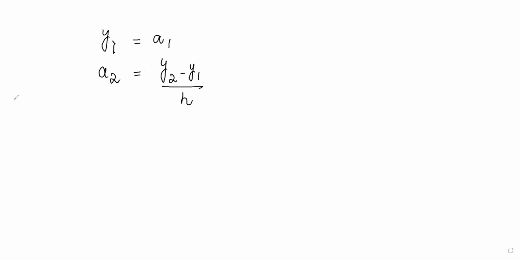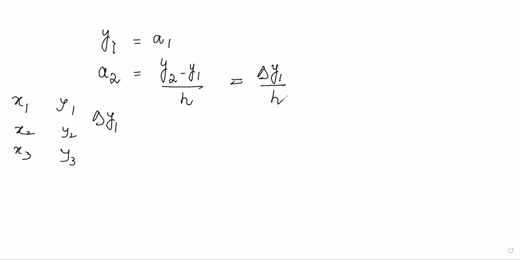So use the forward difference table, x1, x2, x3, and so on. So you have y1, y2, y3. When we have y2 minus y1, it's called delta y1. It is the first forward difference. So we can write this as delta y1 divided by h. This is our a2.